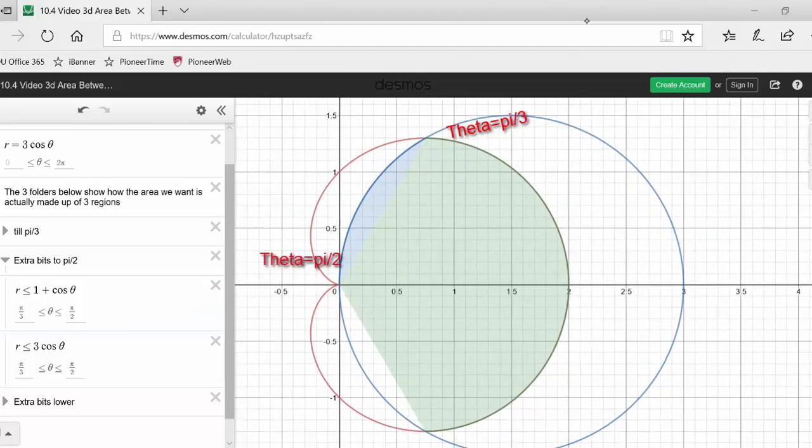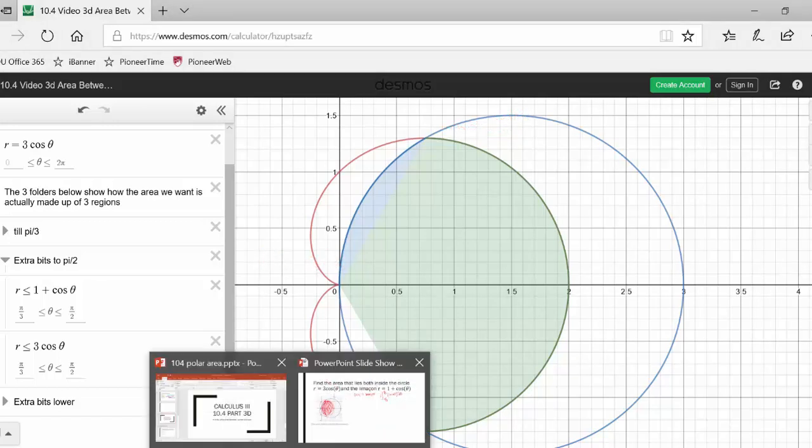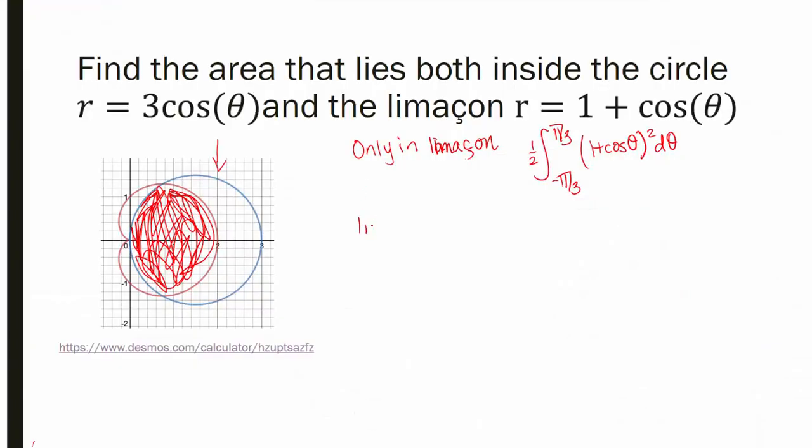That corresponds to pi over 2 because the cosine of pi over 2 is 0. So that means our next integral, in the circle, the top half, would be the integral, 1/2, from pi over 3 to pi over 2 of 3 cosine theta, that circle, squared d theta.